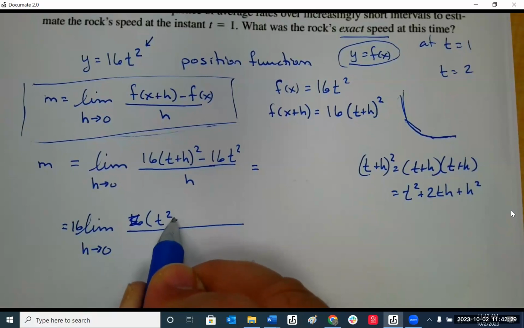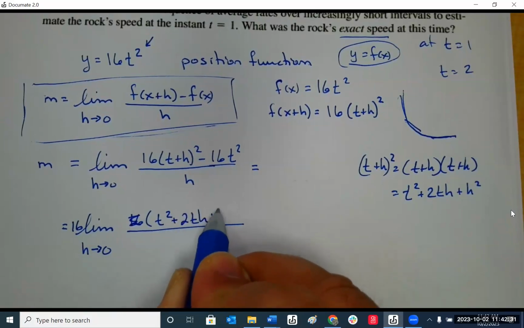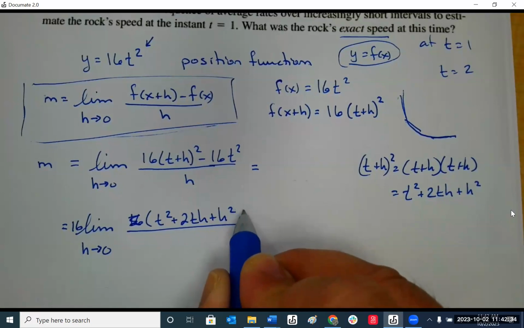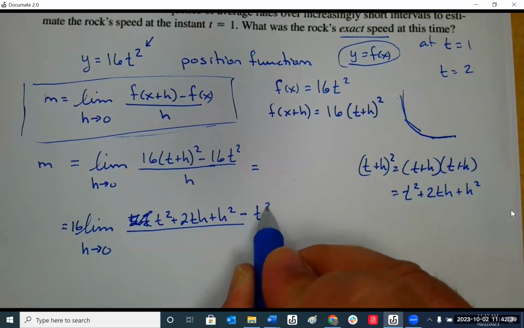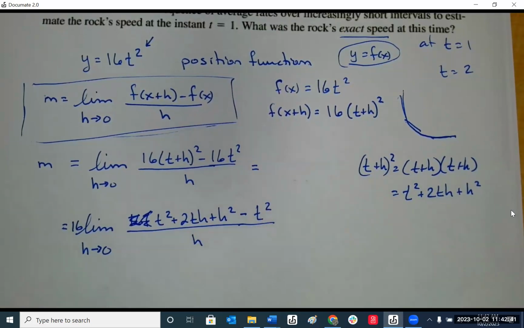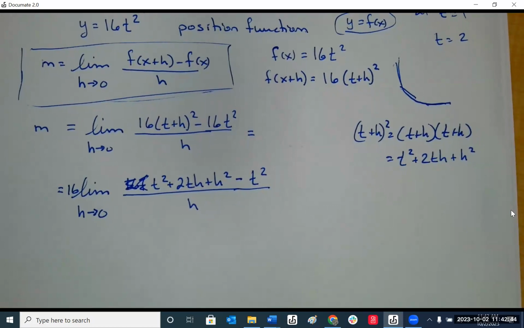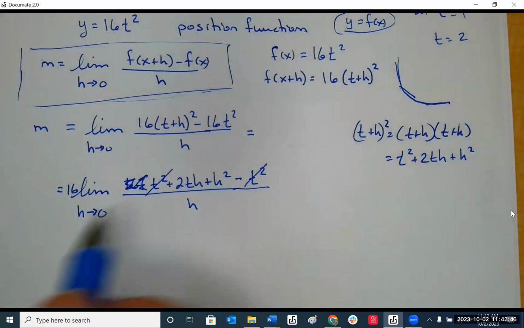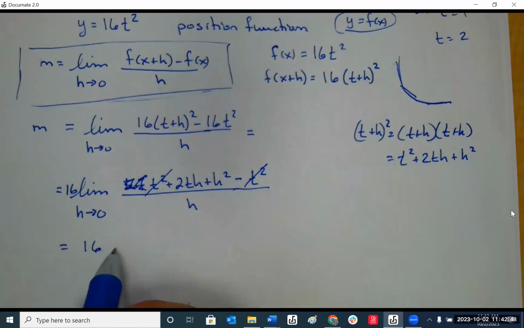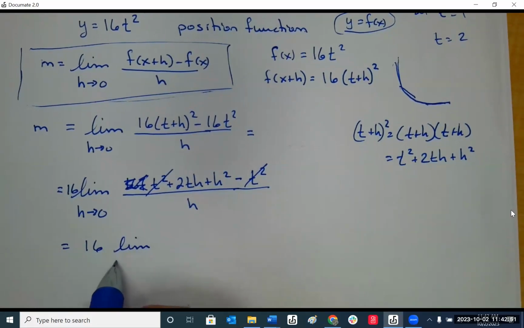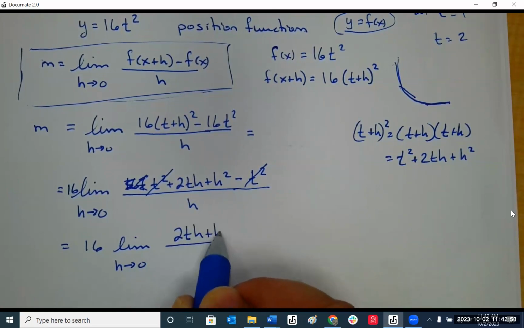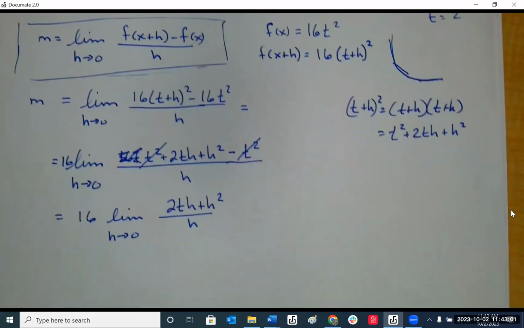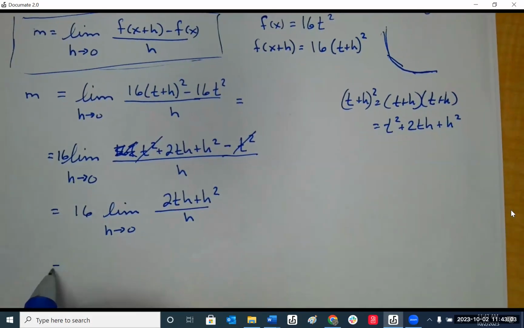So we have t squared plus 2th plus h squared minus t squared over h. The t squared is gone. So we have 16 times the limit as h approaches 0 of 2th plus h squared over h.